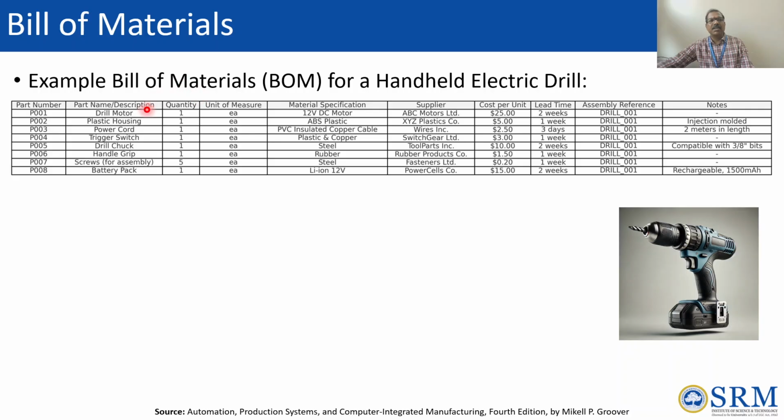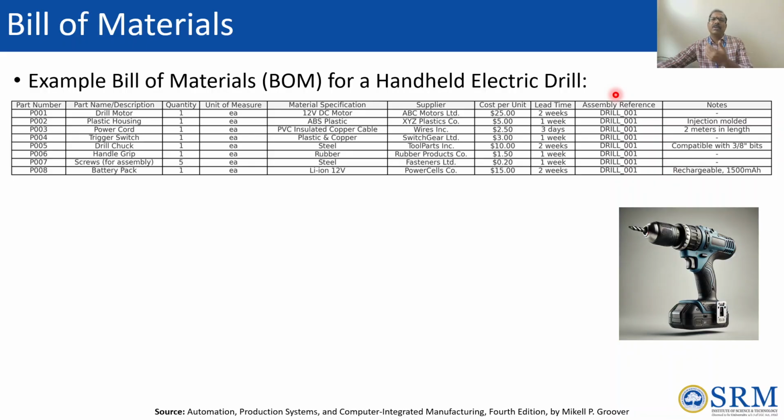Then the quantity needed, the unit of measure, and the material specification. Clearly it is given, like the battery pack is a lithium-ion battery with 12 volts, and the rubber hand grip is made of rubber. And then who the supplier of that particular product is, because that handheld drilling machine company may assemble and sell it.